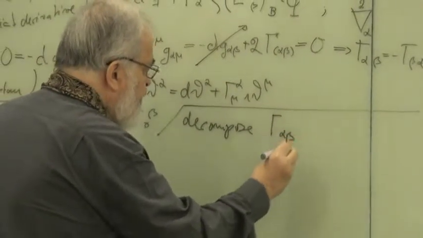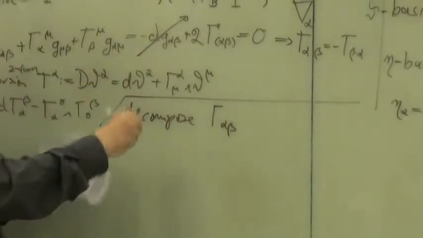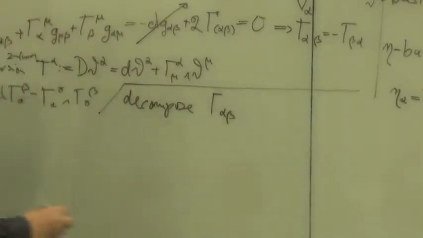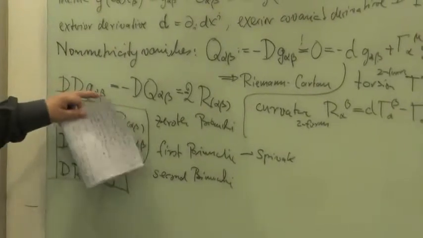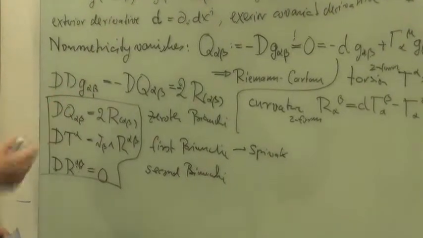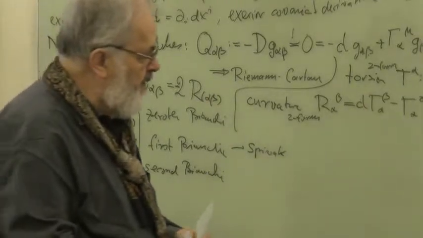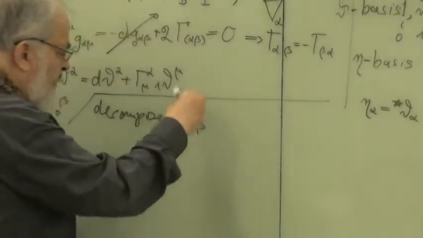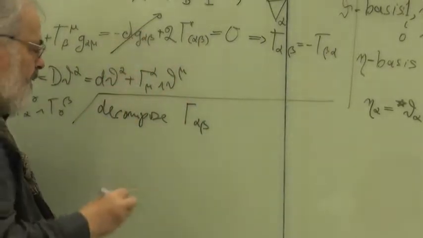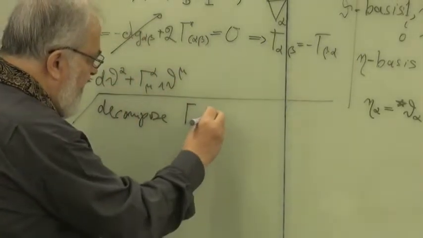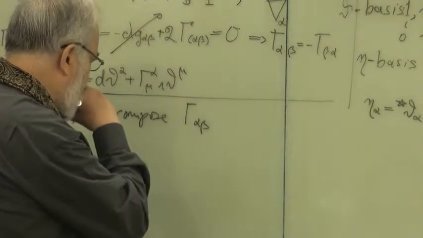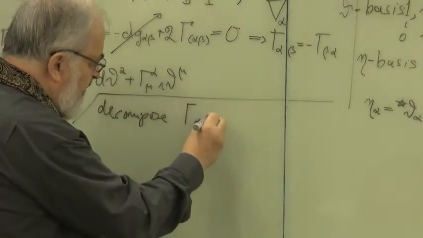Gamma alpha beta. Since we now have a metric, we can always raise and lower the indices, and the metric is metric compatible, so it also commutes with the covariant derivative, so we can always put the indices up and down however we want to have it.